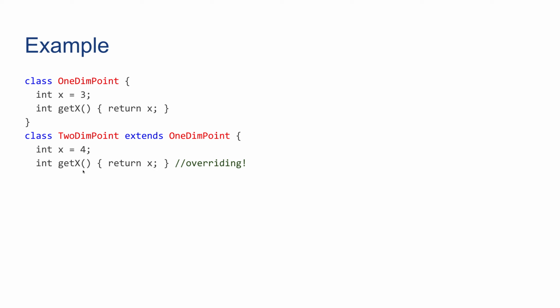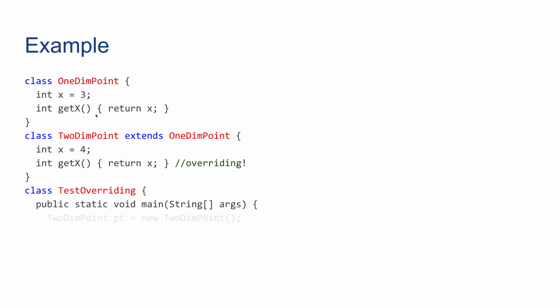So we say that this getX overrides the super getX. Used in a demo class, we can see a 2 dim point pt, and if we call pt.getX, we refer to the subclass getX method, ignoring the super getX.